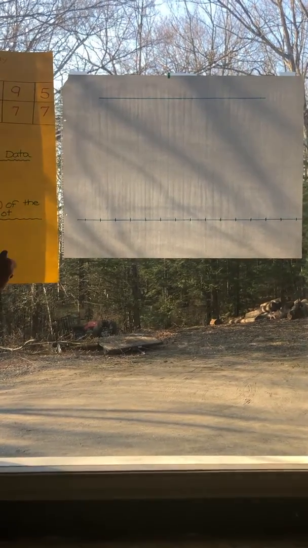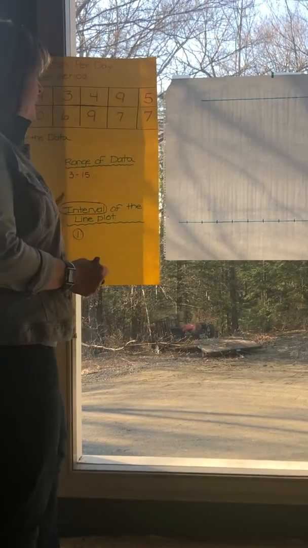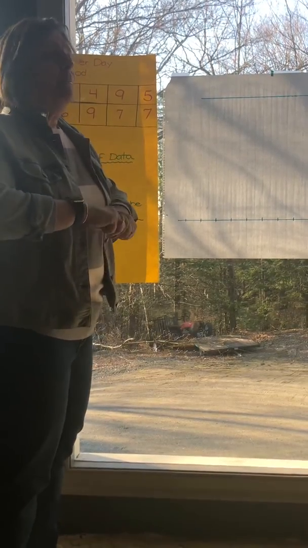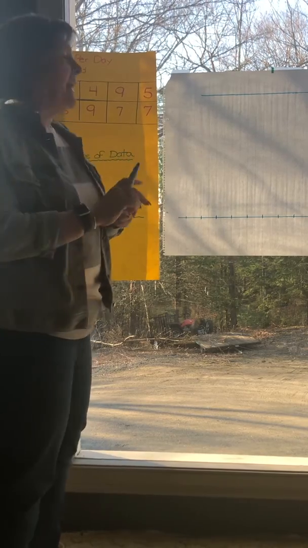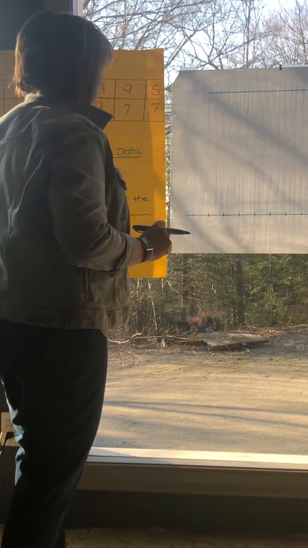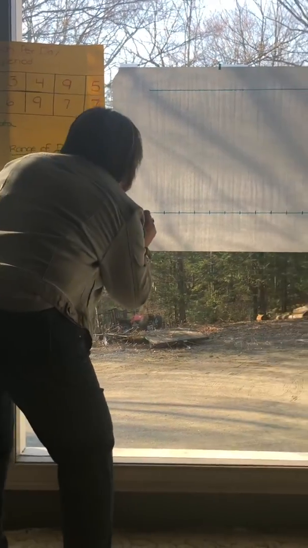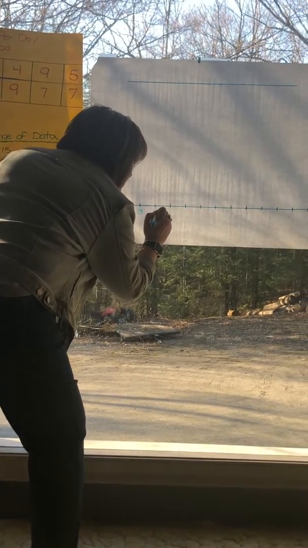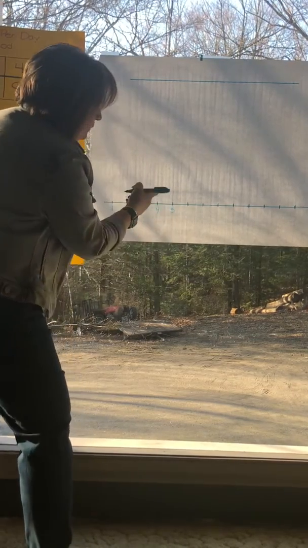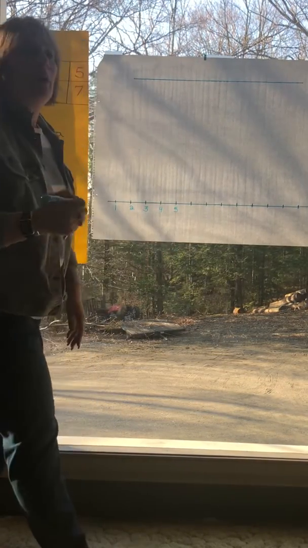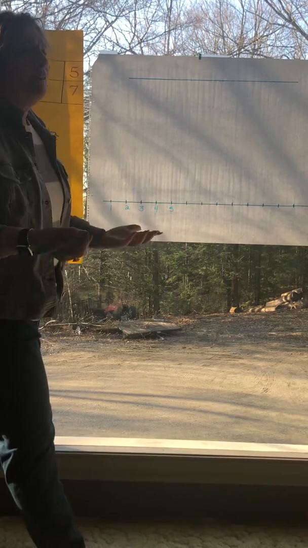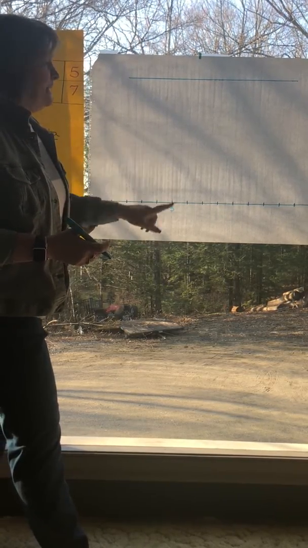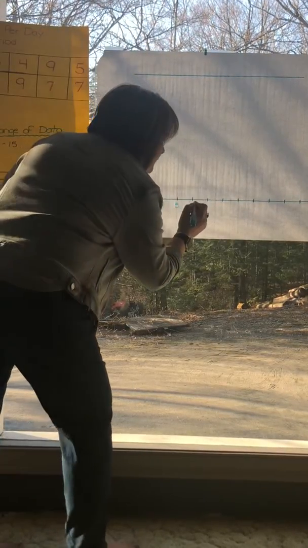So we already talked about it here that we're going to have an interval of 1, and we're going to start at 1, even though our egg collection, the lowest number is 3. But we're going to start at 1 and write our numbers right underneath where we're going to mark our X's, or however we're going to denote how many days this amount of eggs were collected.